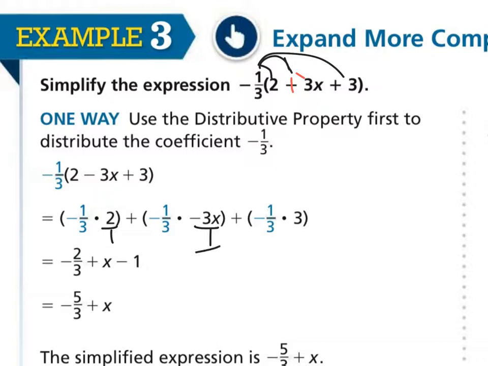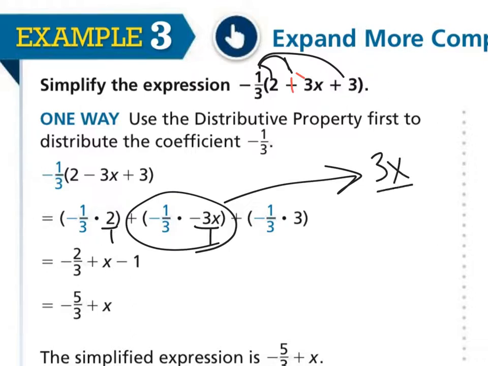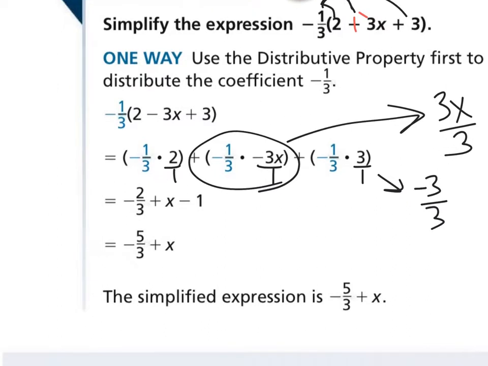So if you multiply that part, negative times negative is going to be a positive, and we'd get 3x over 3. 3x divided by 3 would be x, or 1x if you like. And then negative 1/3 times 3, that's like 3 over 1, so that'd be negative 3 over 3. Negative 3 divided by 3 is negative 1. So you could put that as either minus 1 or plus negative 1.